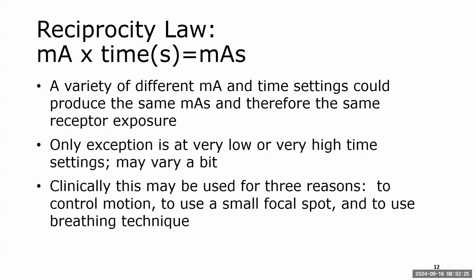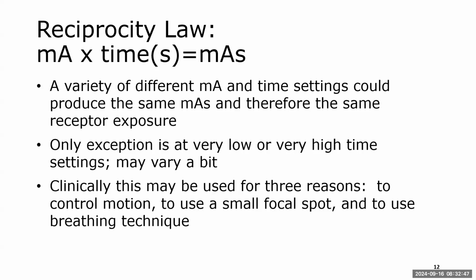Yeah. If your rate of pay was $100 an hour, you only had to work 1 hour, right? So there's multiple combinations of pay and time worked that can give you the same paycheck. Same thing with mass. There's multiple combinations of MA and time that can give you the same mass.